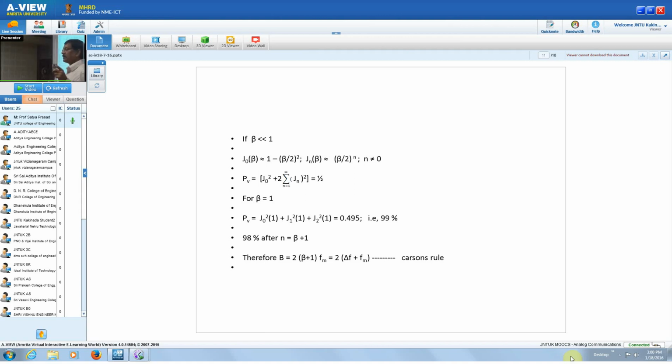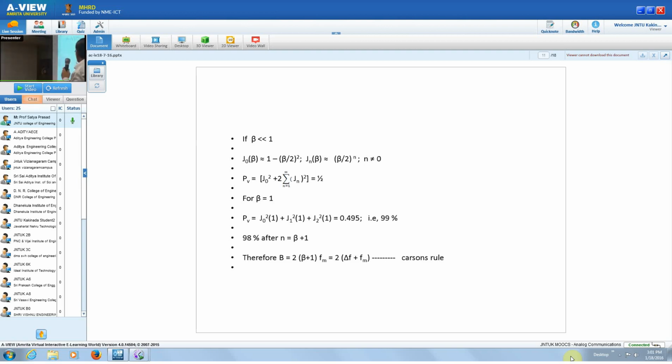Therefore, we are going to take that energy as 98%. When beta equal to 1, we are going to consider J0, J1 and J2. Right? J1 and J2 we are considering.